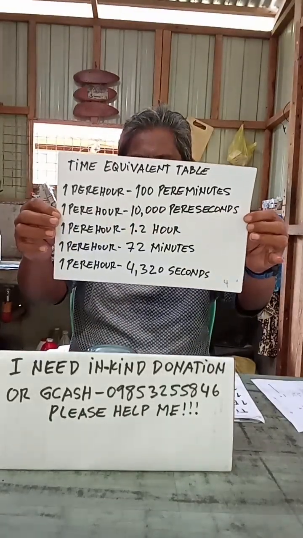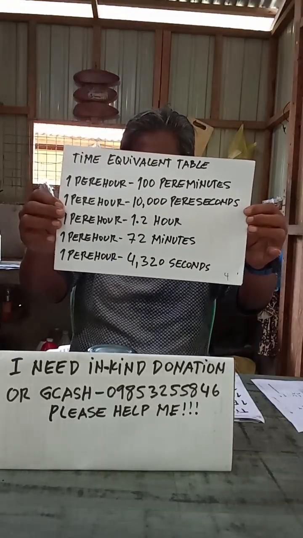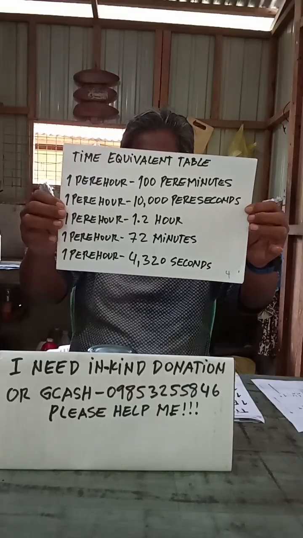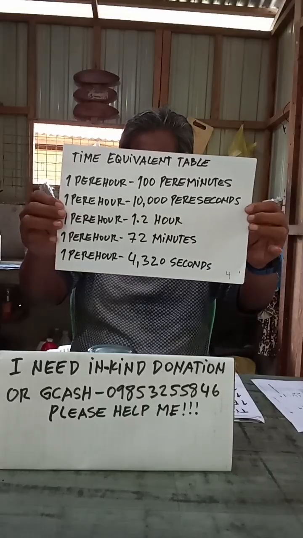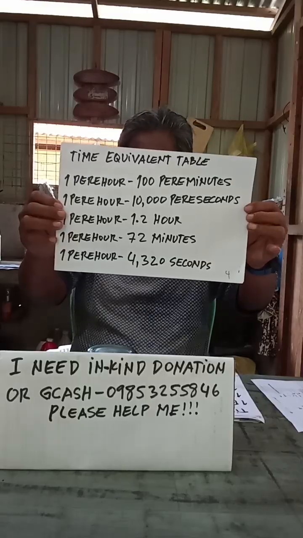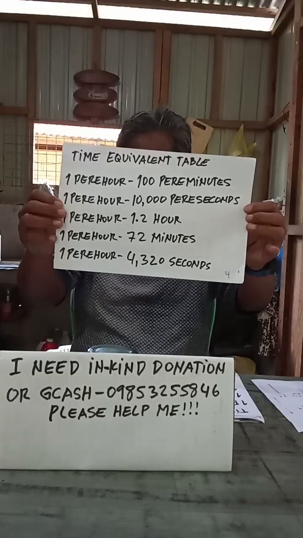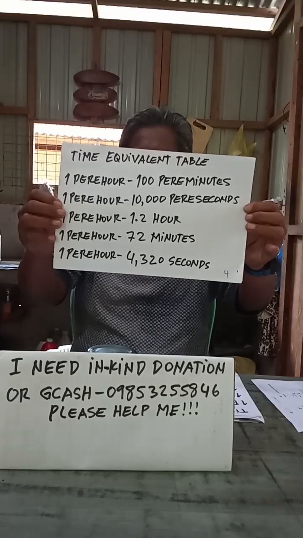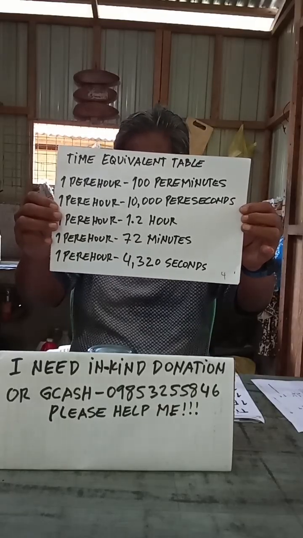Time equivalent. 1 per hour is equal to 100 per minutes. 1 per hour is equal to 10,000 per seconds. 1 per hour is equal to 1.2 hour standard time. 1 per hour is equal to 72 minutes standard time. And 1 per hour is equal to 4,320 seconds standard time.